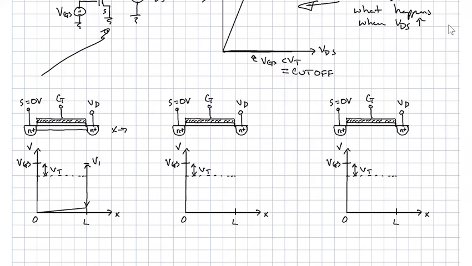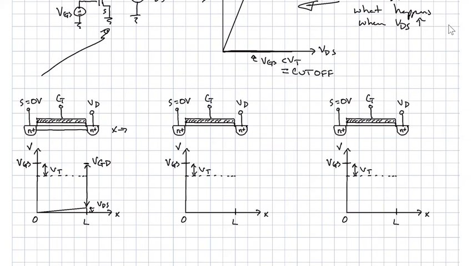So this we'll label as VGD. And this voltage difference is VDS. And so basically, we have a healthy amount of voltage between the gate and the drain. And so there's a healthy channel, a lot of charge that's produced even at the drain.